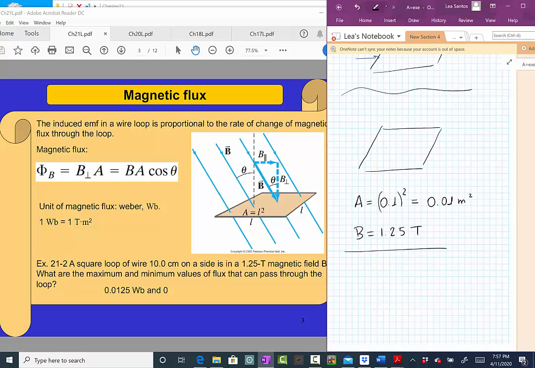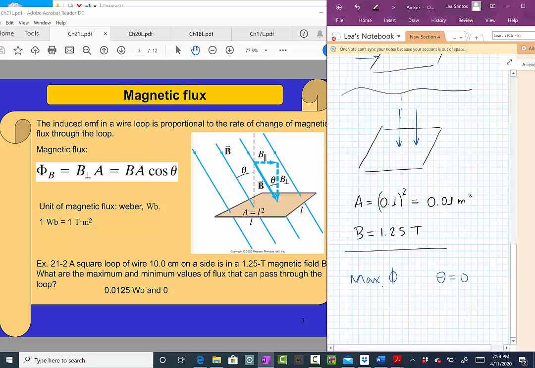Maximum, as we said before, is when the magnetic field comes perpendicular. So when it comes perpendicular, the angle is 0. I know it's a bit strange, but remember this angle is defined as the angle between the direction of the field and the perpendicular direction. So if the field is already perpendicular, this angle is 0.